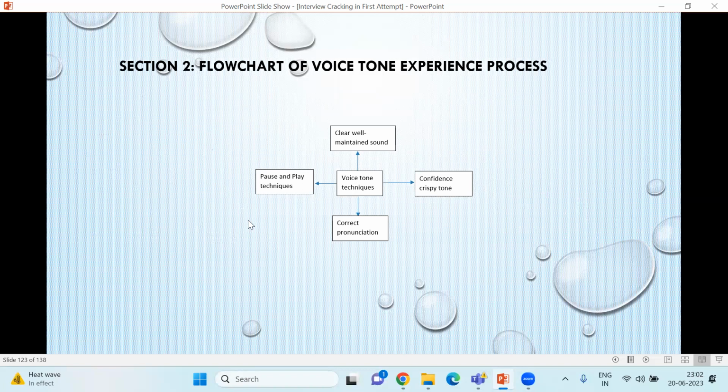Second is pause and play techniques. Pause and play technique is a very important part of communication, where it shows attention to the interviewer. Third is correct pronunciation, which leaves an impression on the interviewer.